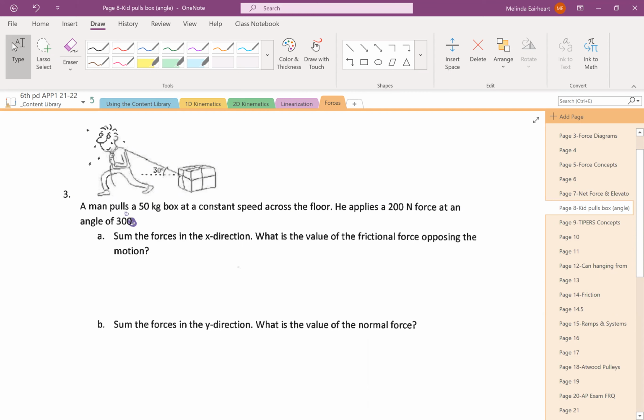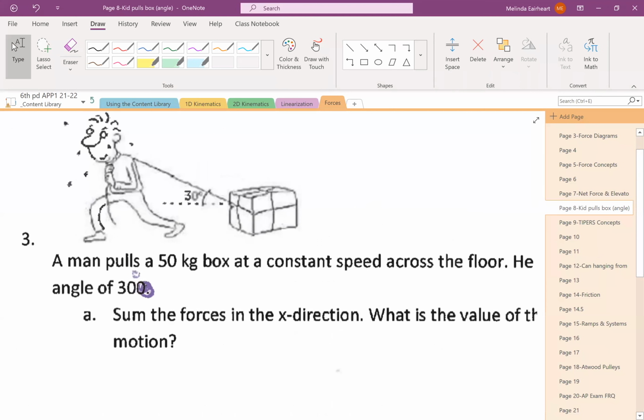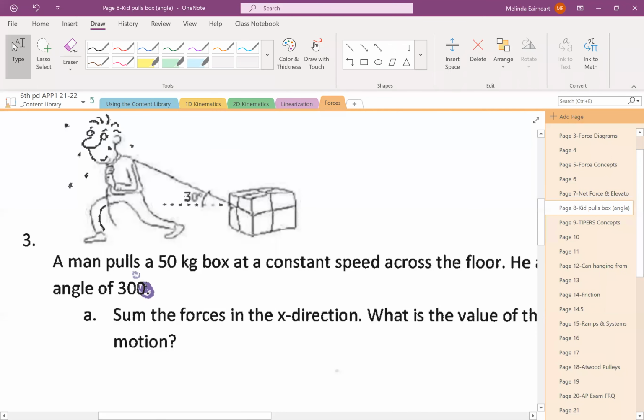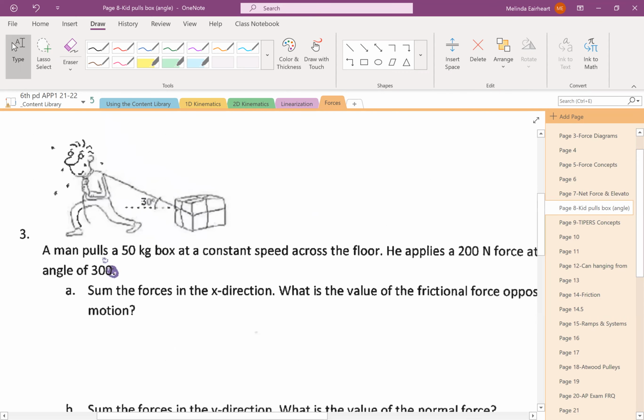And also notice, we're not just pulling or pushing it parallel to the floor. We got an angle. Are angles important in physics? Yes, make sure your calculator's in degree mode when dealing with angles. So forces, you still want to be in degree mode.